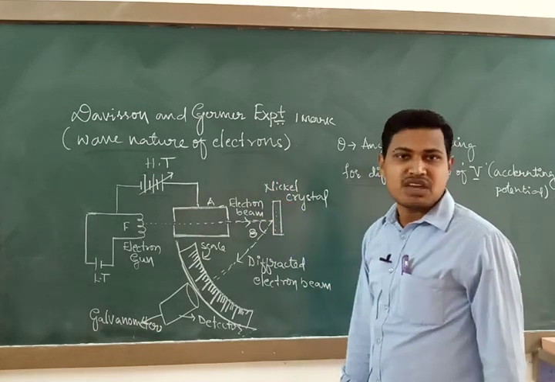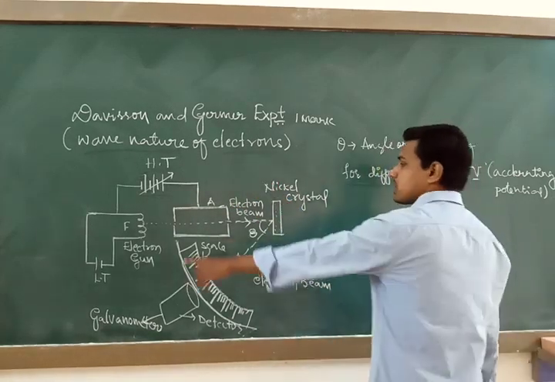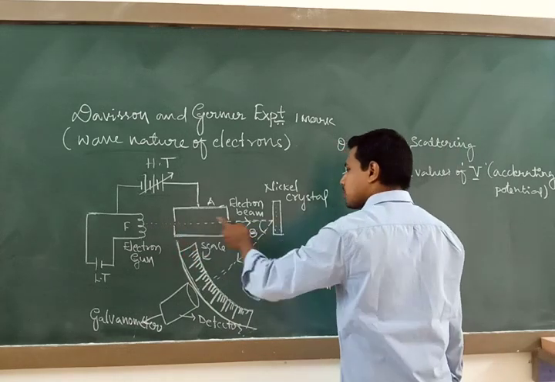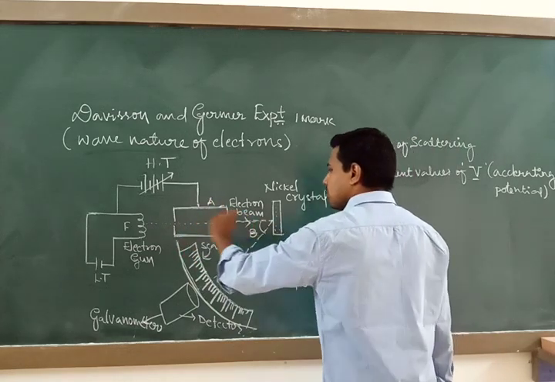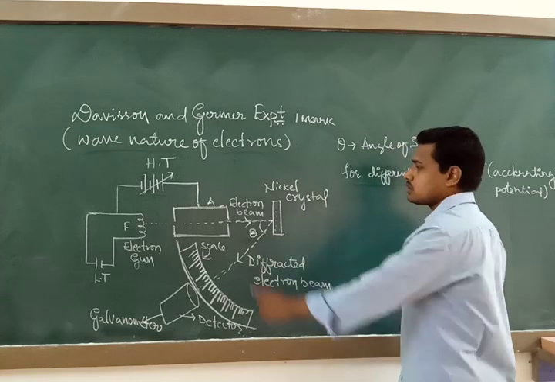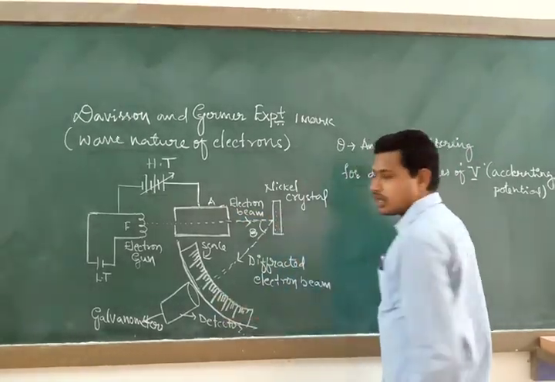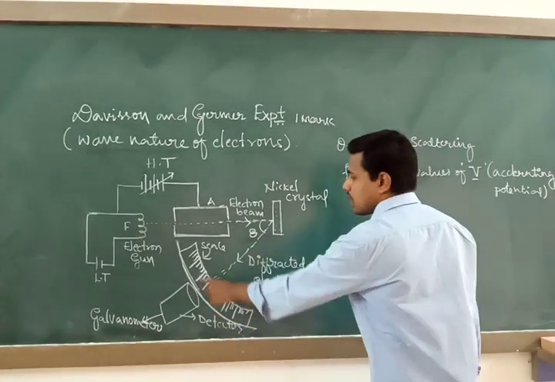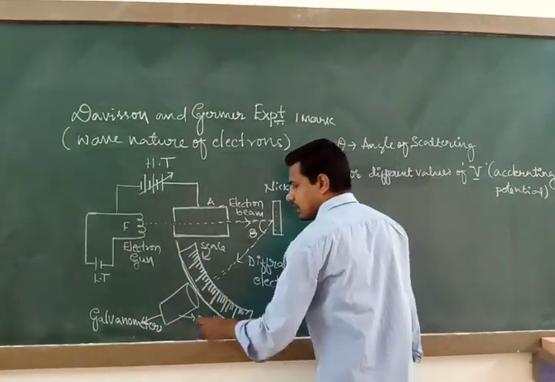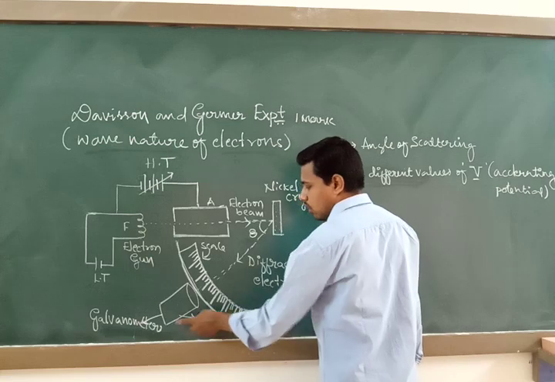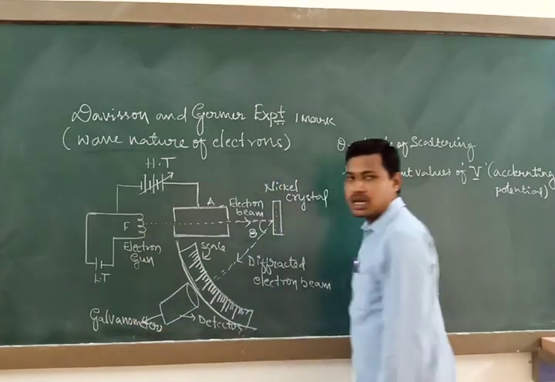Such accelerated electrons pass through the anode to make a collimated, narrow beam. This beam is incident on the nickel crystal and gets scattered, and the scattered electrons are observed through the electron detector, which is connected to the galvanometer.